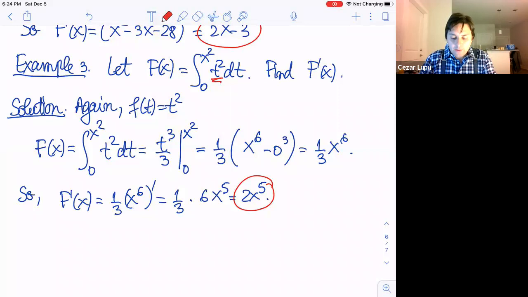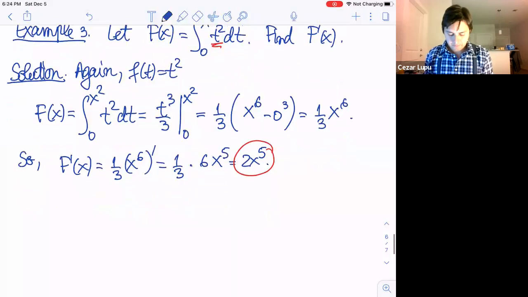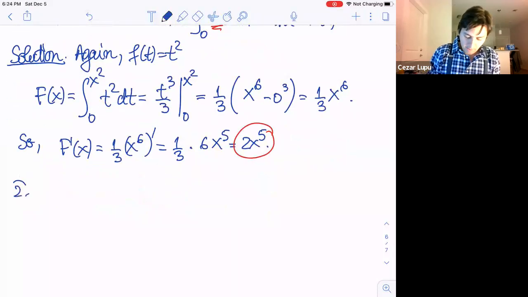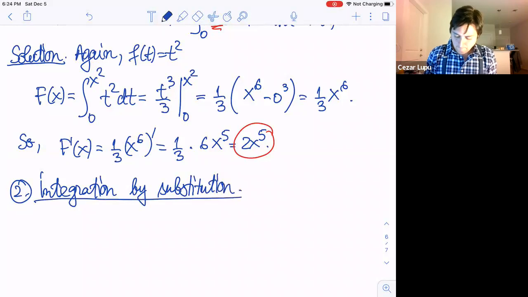And now I would like to veer towards the second part of this lecture, which will be devoted to the integration by substitution. All right, so the theorem is the following.